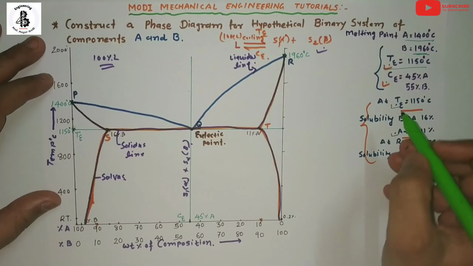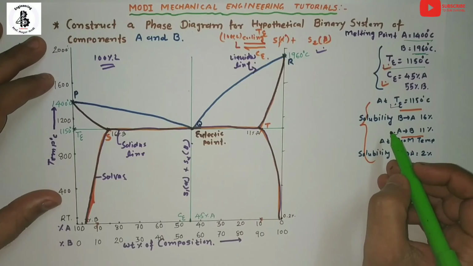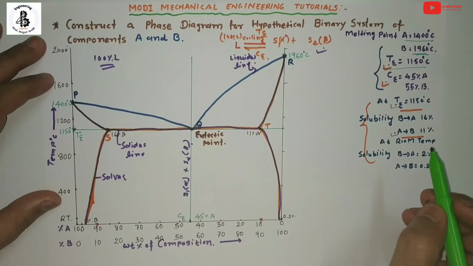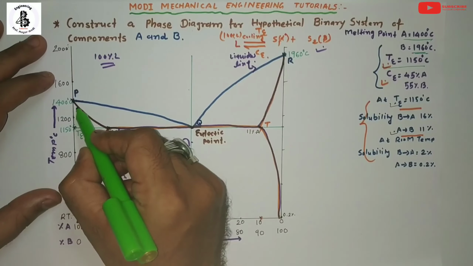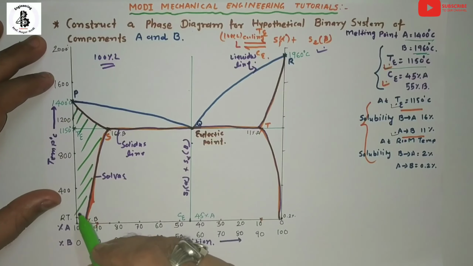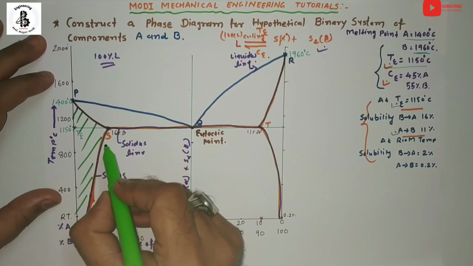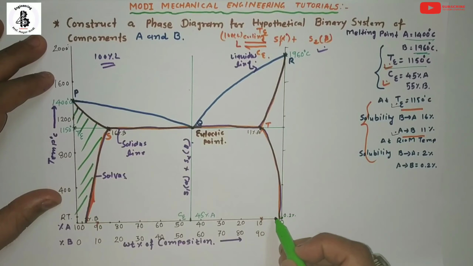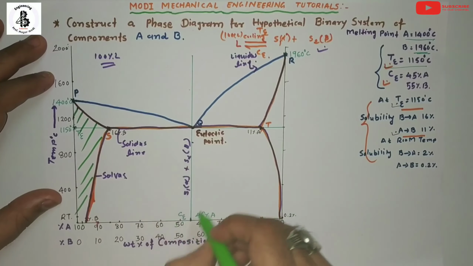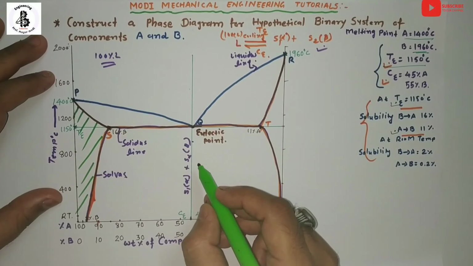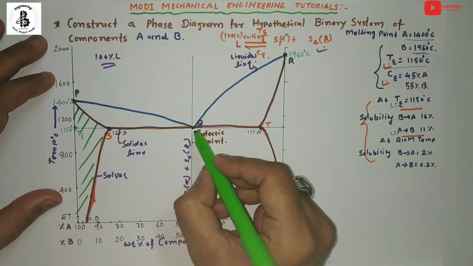Now according to the given condition of the solubility of B into A and A into B at different temperatures, you can make this region. Here there will be solubility, and the rest from the S point to the T point up to room temperature acts as totally insoluble, because that is around the eutectic region.